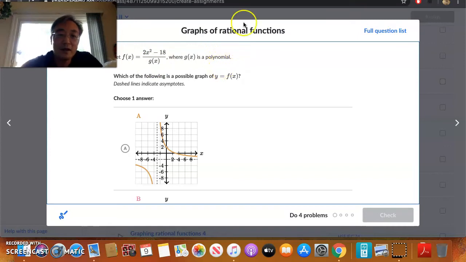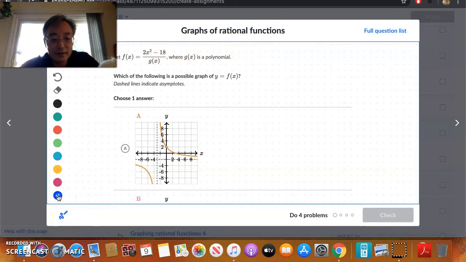Whenever the numerator is defined, we know we're going to have either zeros or removable discontinuities, because we don't know what g of x is.